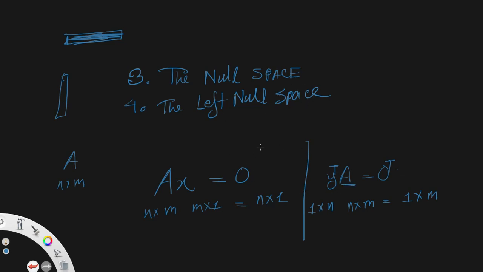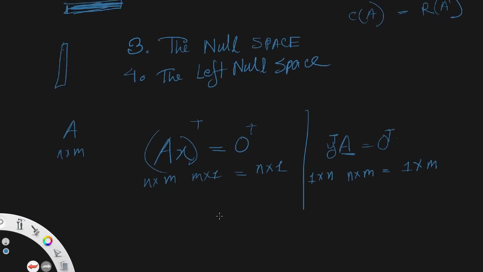So these two spaces are pretty similar, and the relationship between them is similar to the relationship between the column space and the row space of a matrix, because we know that the column space of a matrix is equal to the row space of the transpose of said matrix. It is the same in the case of these two as well, because if we take the transpose on both sides, we get x transpose A transpose equal to 0.